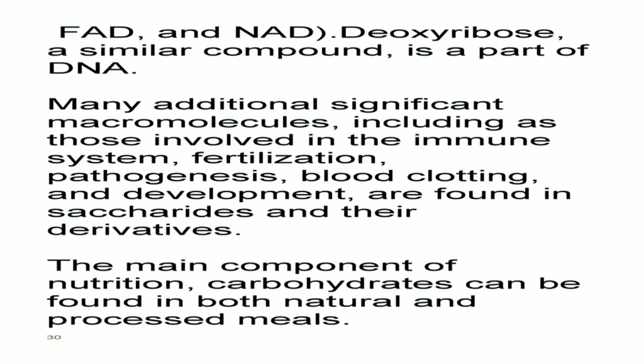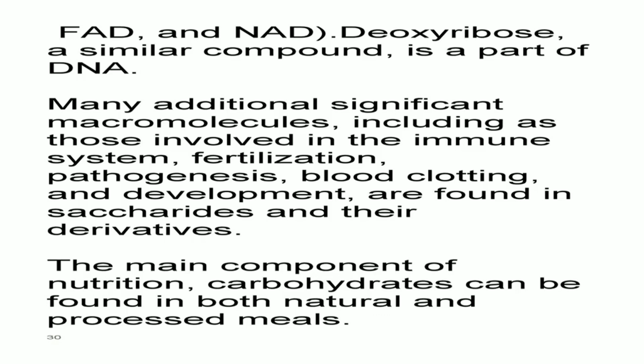Deoxyribose, a similar compound, is a part of DNA. Many additional significant macromolecules, including those involved in the immune system, fertilization, pathogenesis, blood clotting, and development, are found in saccharides and their derivatives.